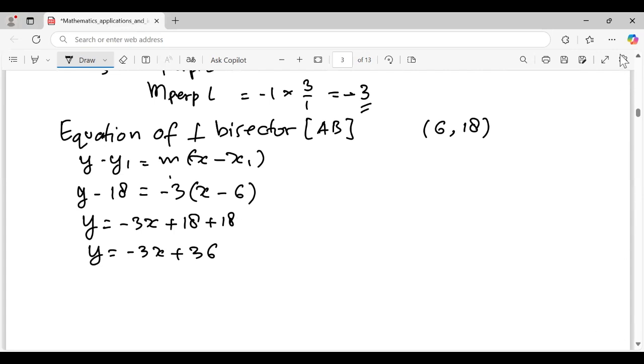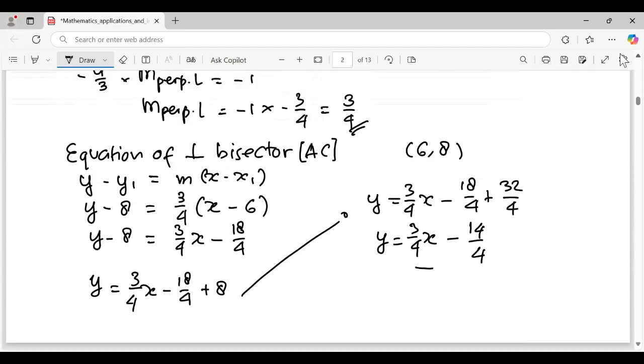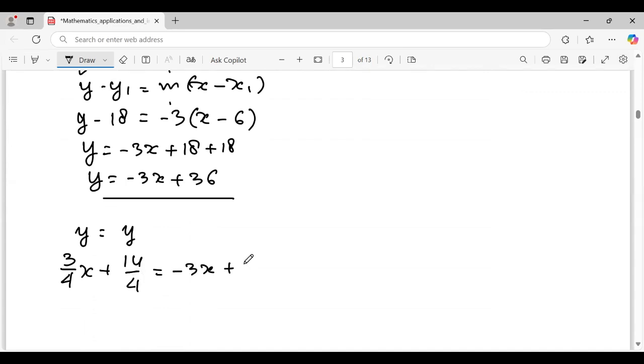But now, how to find the point of intersection? So we have two equations. The first is this one, and the second, this one. The next step, y equals y. It means 3 quarter x plus 14 quarter equals minus 3x plus 36.